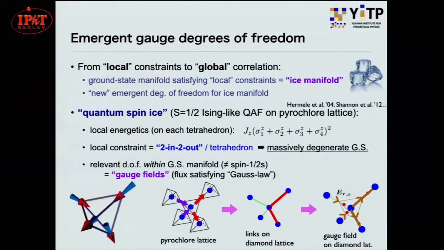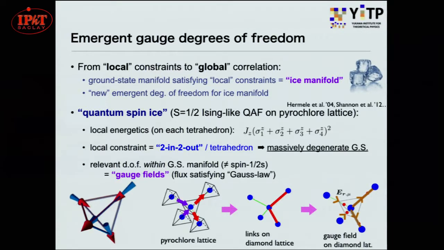So if you calculate the ground state energy of this simple local Hamiltonian, we can see the local ground state obeys a so-called local constraint, 2 in and 2 out. Namely, the local ground state is characterized by 2 incoming spins and 2 outgoing spins.